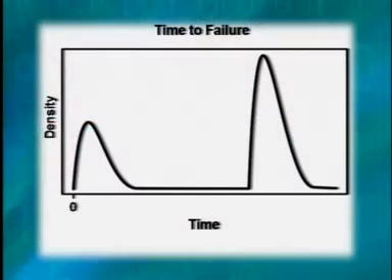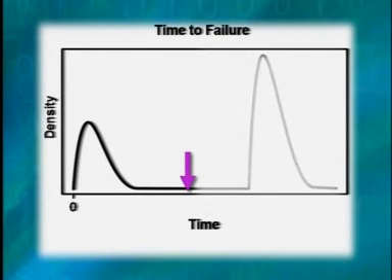Let me just show you a chart. Suppose that this is the chart of the time to failure of some electronic device that you're buying. And you're trying to decide, should I buy the extended warranty? Well, the advertisement will say on average, the time to failure is right here. And so you should buy the extended warranty.